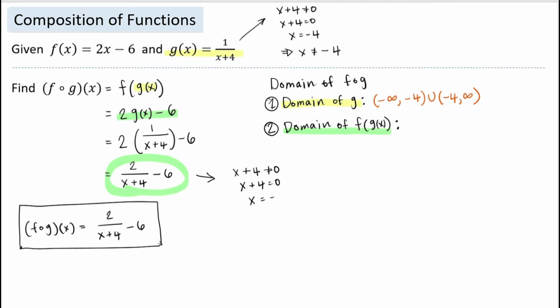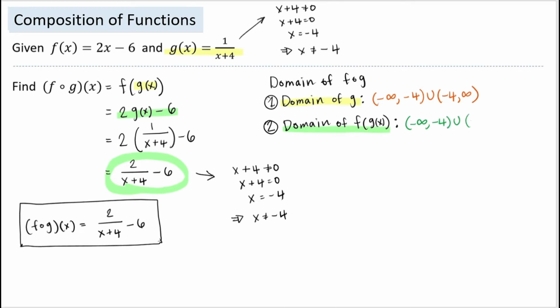We get x is equal to negative 4, which means that x cannot be equal to negative 4. So the domain is all real numbers except negative 4. The intersection of 1 and 2 gives us the domain of the composite function f of g, which is from negative infinity to negative 4, union negative 4 to infinity.